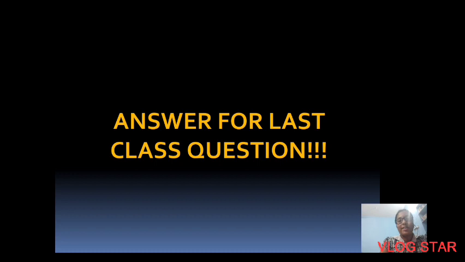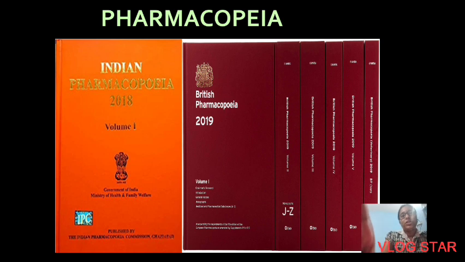I hope you're all ready with the answer for the last class question. The last class question was, what are the various resources available in order to obtain the drug information? The source of drug information is pharmacopoeia, and you have various pharmacopoeias like Indian pharmacopoeia, British pharmacopoeia, European pharmacopoeia.